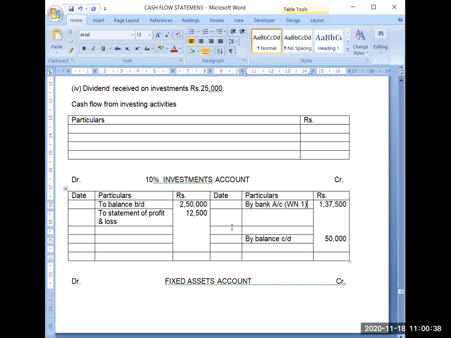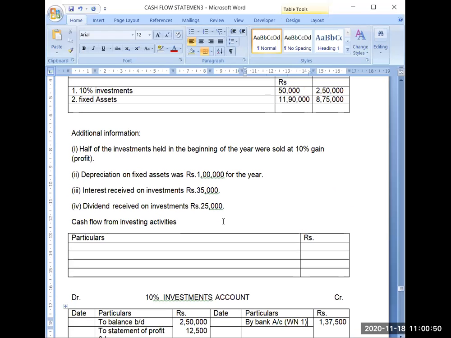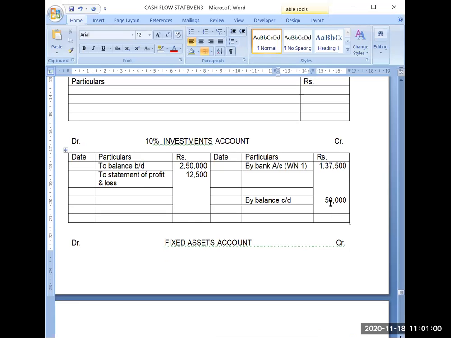Okay, so in this way we have completed the investment account, but now we have to check the totals. The total of debit side is still, this balance is 5 lakh. So it will come here. So the total will be greater, 6,37,500.